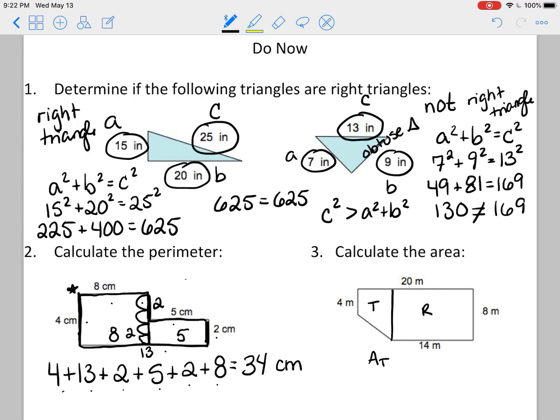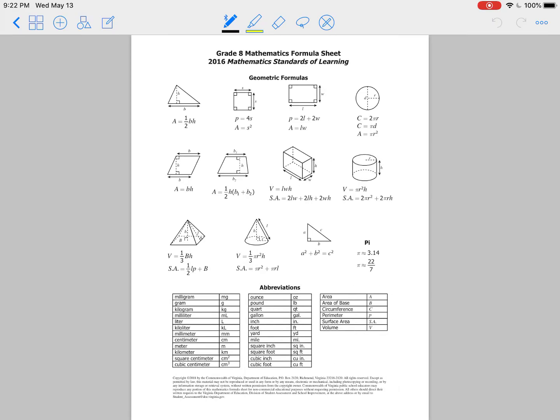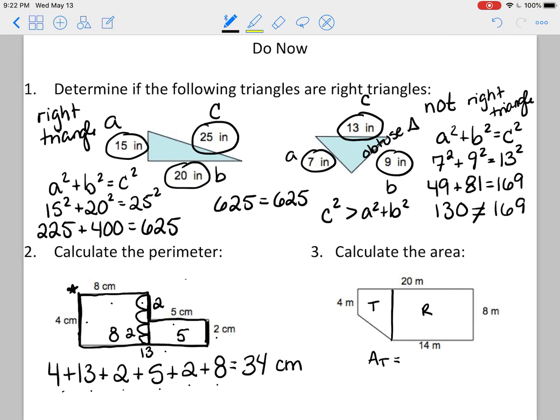So first let's find the area of a trapezoid. If we look at our formula sheet, the formula is right here. It is 1/2 times the height times the sum of B1 plus B2.